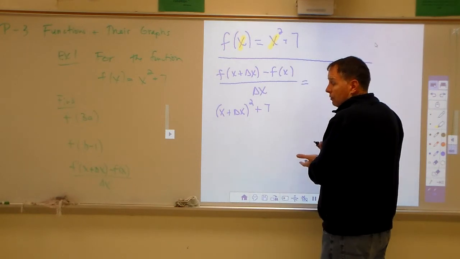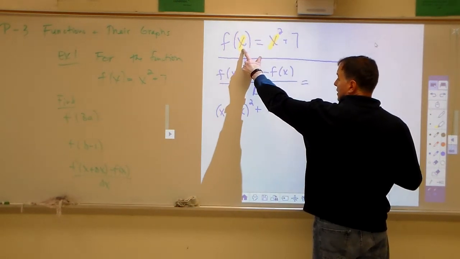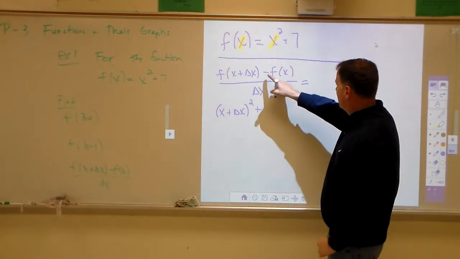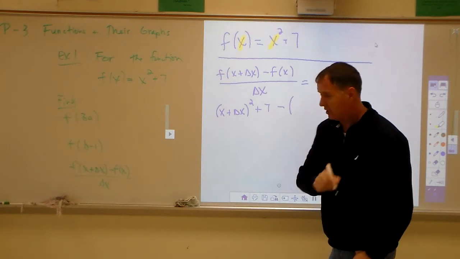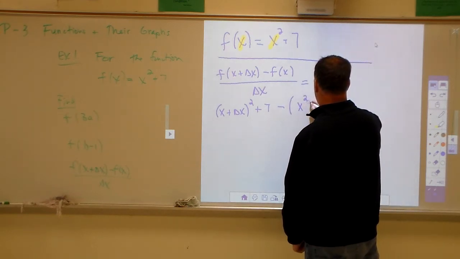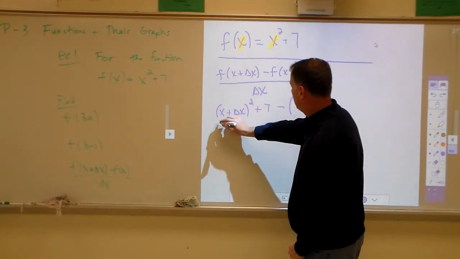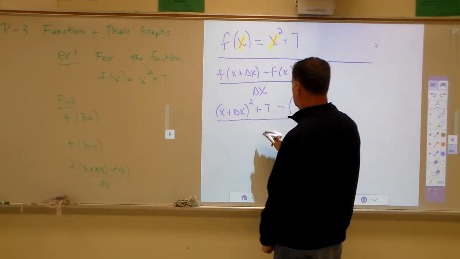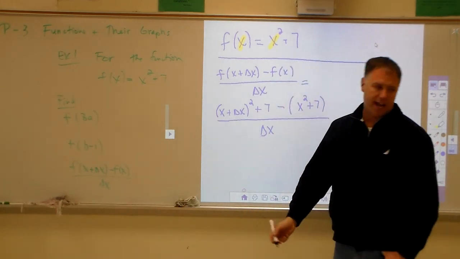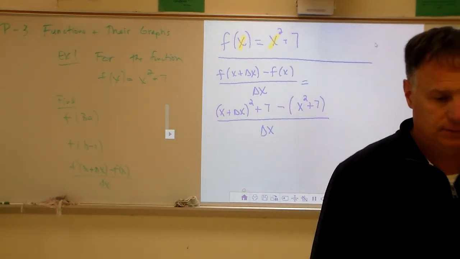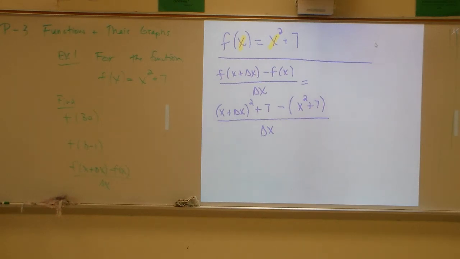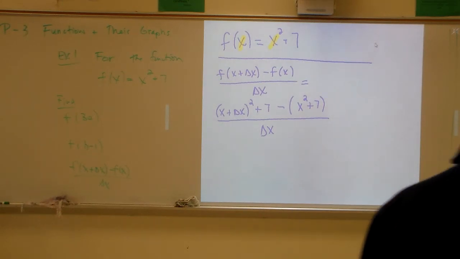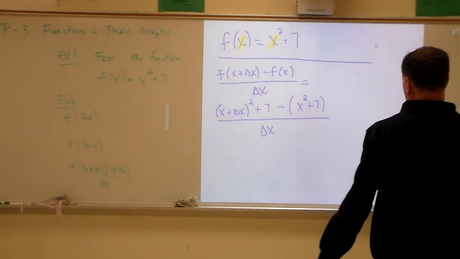Now I have x plus delta x in parentheses, so it gets squared, and then I add 7. Now it says minus f of x. So I have to do minus, and I would strongly encourage you to put parentheses there. Minus x squared plus 7. And that's all divided by delta x. Take a look at it and see if you can absorb that. Nothing that crazy there. It's different, sure, but it's nothing that you can't do. I have all the confidence in the world you can do that.